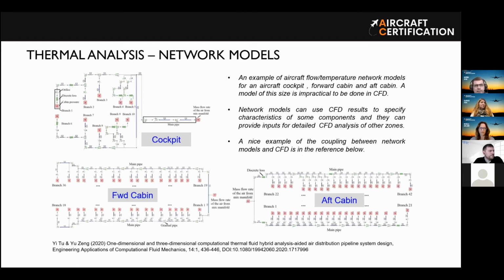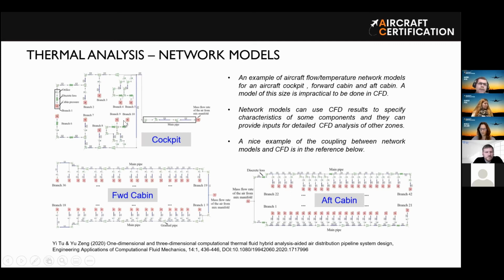So I took this from a paper. I put the reference name here on the bottom. This is a model using a software called FlowMaster, which is one famous software that is used for this type of application. So in this model, as you can see, they set many nodes, which are those red squares here.